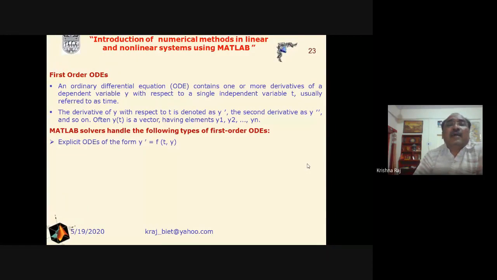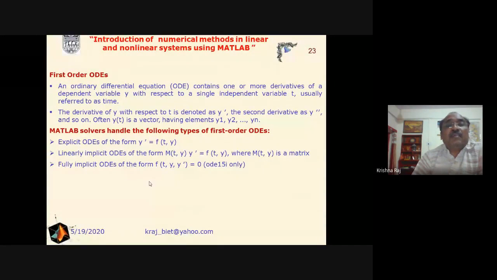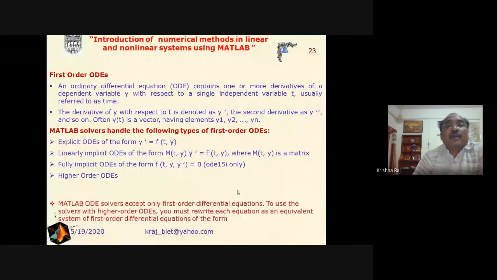MATLAB solvers handle different types of ODEs, like explicit ODEs of the form y' = f(t, y), where y' is the first derivative and f is a function of time as well as y. Then there is the linear implicit ODE, M(t,y) y' = f(t,y), where y' is multiplied by a matrix M(t,y). And fully implicit ODEs, f(t, y, y') = 0, a function of time, y and the first derivative y'. And higher order differential equations.